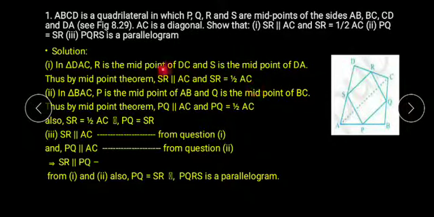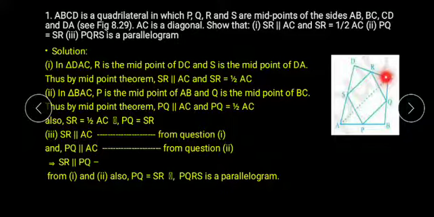So let us start. First of all, in triangle DAC, R is the midpoint of DC and S is the midpoint of DA. So by midpoint theorem, so what is the midpoint theorem?